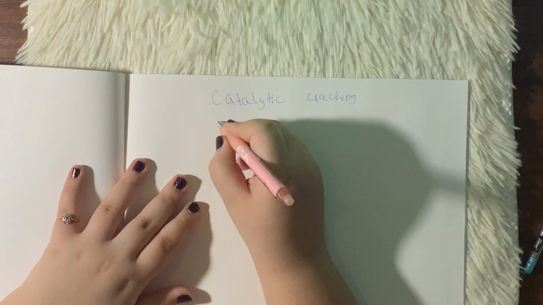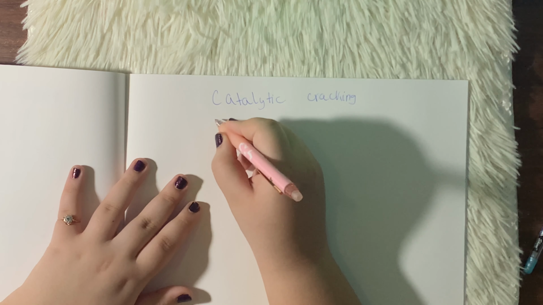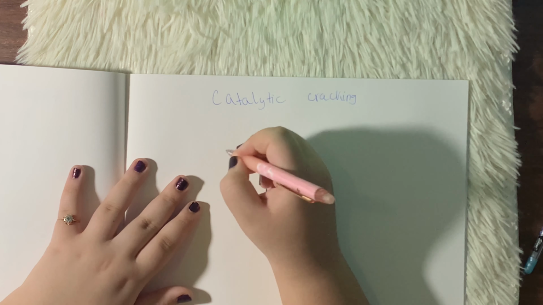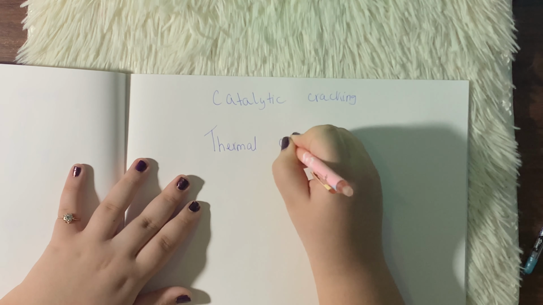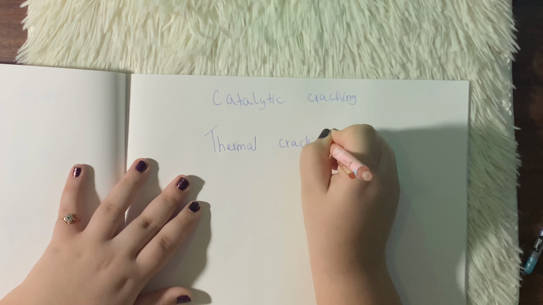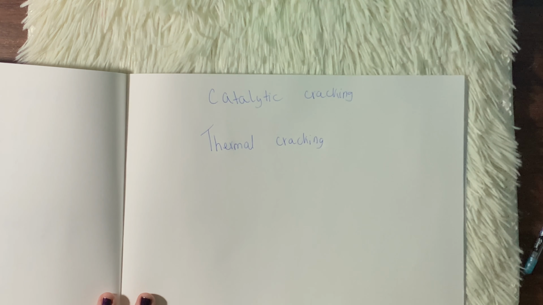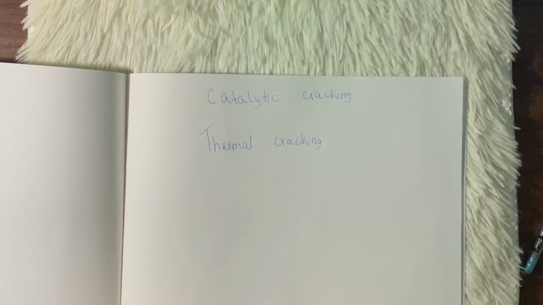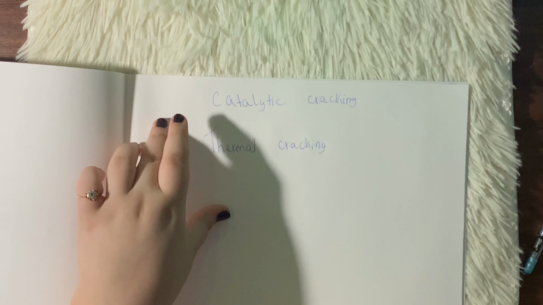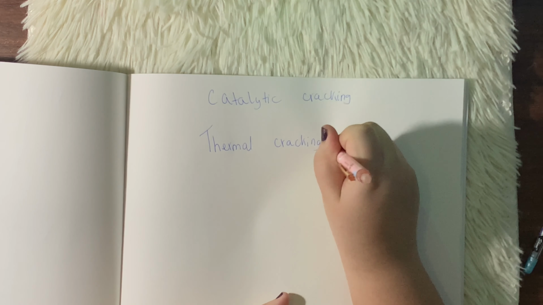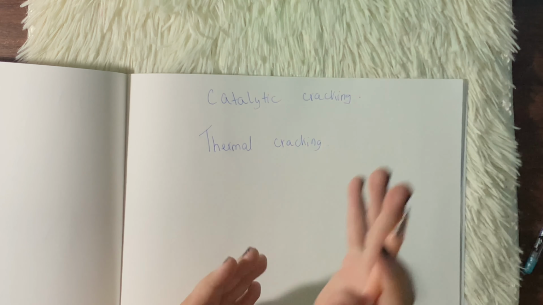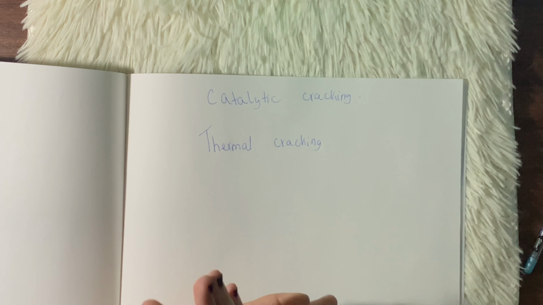Then another reaction that can take place is thermal cracking, using thermal energy to crack. So basically, in these two reactions we take an alkane and use either a catalyst or heat to break it down to form an alkene molecule.